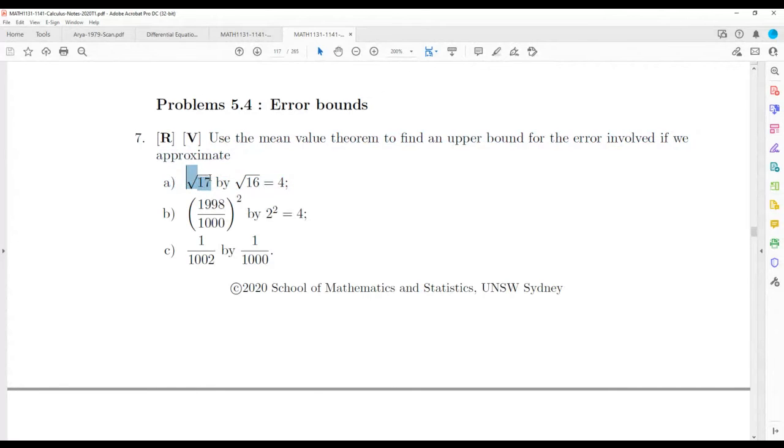So root 17, quite hard to calculate by hand, but root 16 is an approximation, and we know that root 16 is 4. So how well does 4 approximate the square root of 17? That's pretty much what it's asking you. Okay. And this upper bound on the error. So let's have a look at that and see how we go.